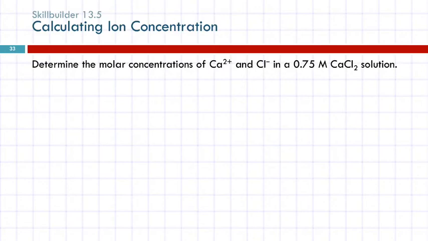So determine the molar concentrations of calcium ion and chloride ion in a 0.75 molar calcium chloride solution. So 0.75 moles of calcium chloride per liter.